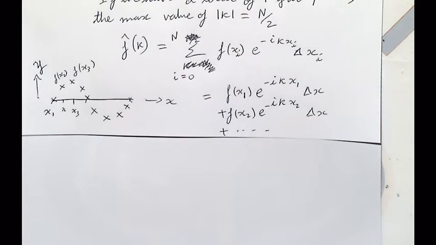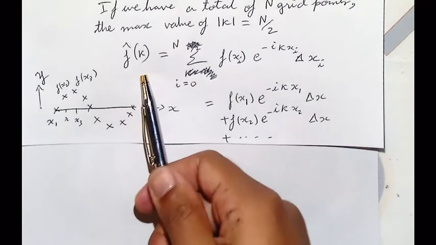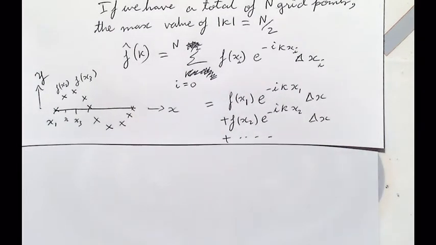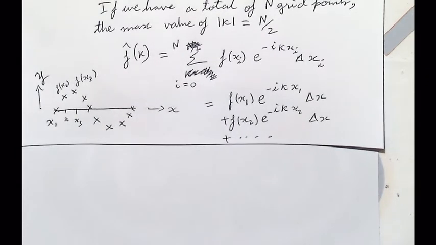Think of what we're trying to do. We are trying to break up f of x into frequencies. Okay? Frequency kappa equal 1, kappa equal 2, kappa equal 3. And with this equation, we are basically trying to figure out how strong is each of these frequencies. So it will be multiples of the grid delta x.